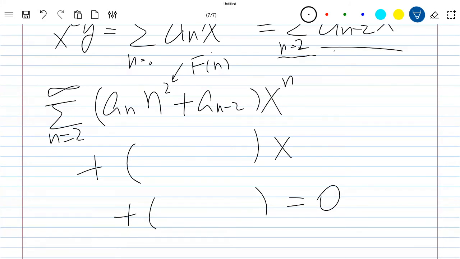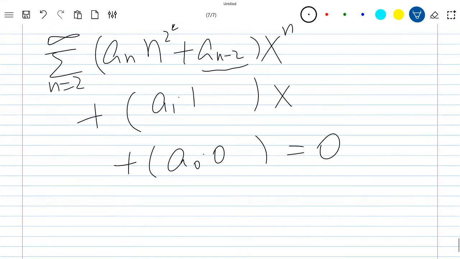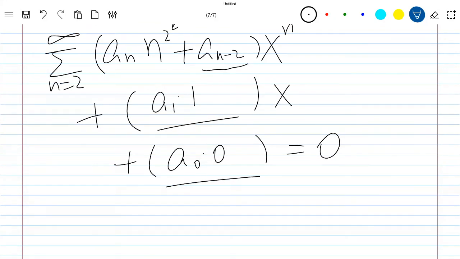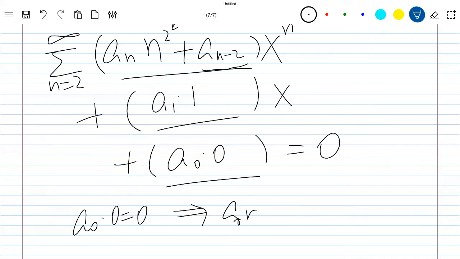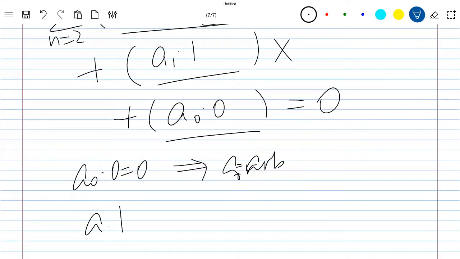For these two, you have a1 times 1 and a0 times 0, because you don't have that term. All right, so it means all of the coefficients must be 0. So you have this equals 0, that equals 0, this equals 0. a0 times 0 equals 0 means a0 is arbitrary. And a1, on the other hand, times 1 equals 0 means a1 equals 0.